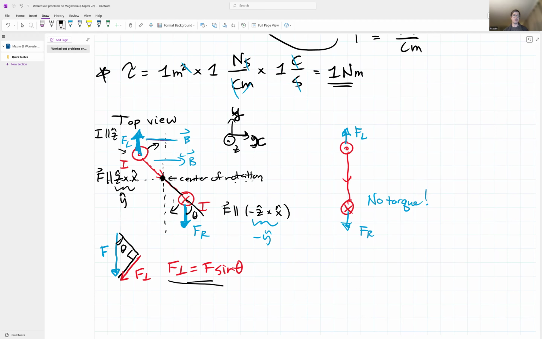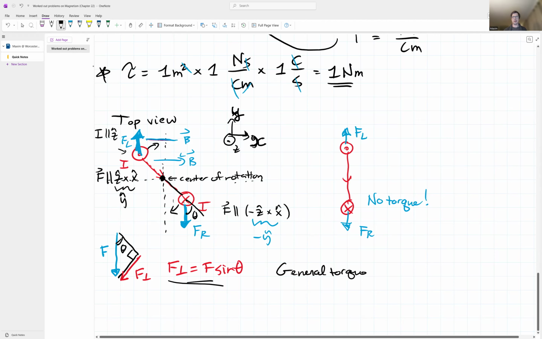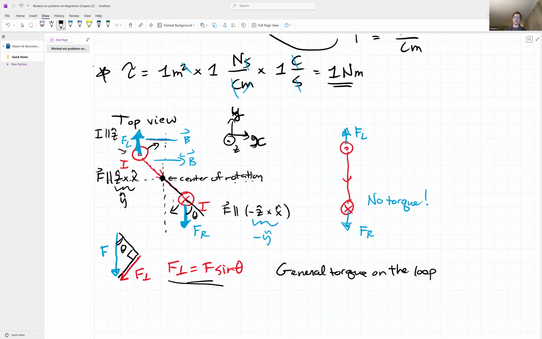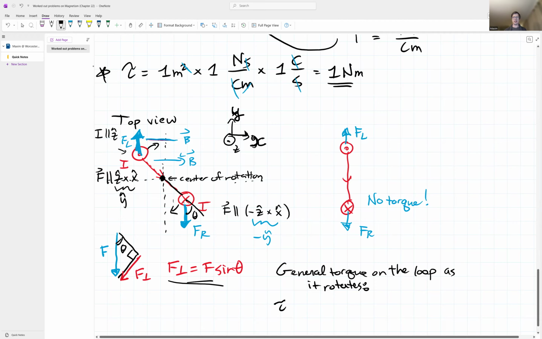So the torque in general, for the torque on the loop as it rotates, is the same as we had before.